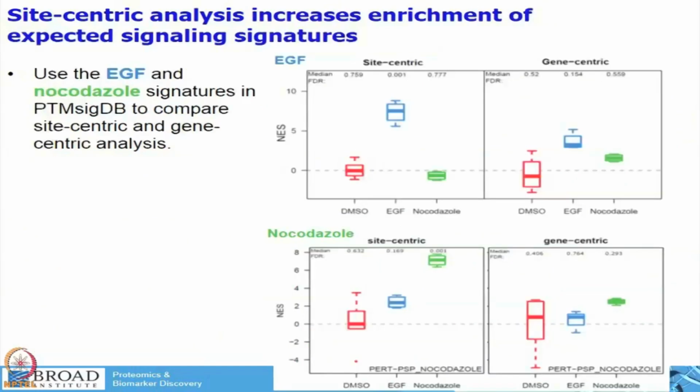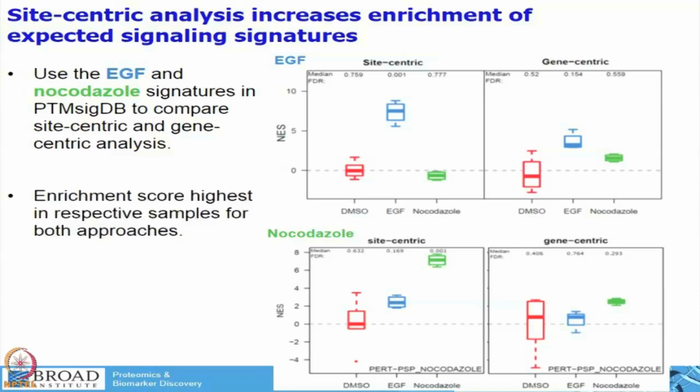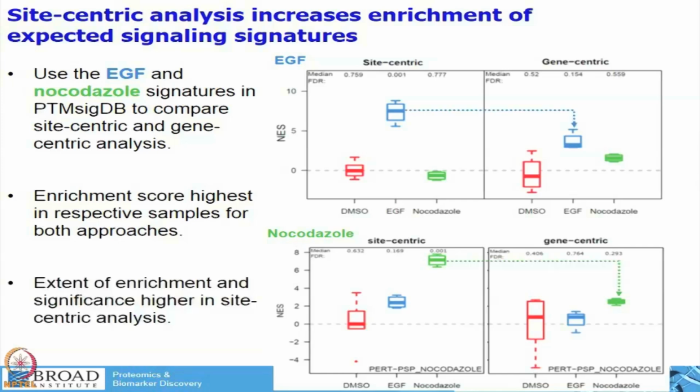And if you just look at these EGF and nocodazole signatures alone, and compare the signature scores across these different treatments, site-centric versus gene-centric, we definitely see a higher enrichment in the site-centric approach for EGF and also for nocodazole. Meaning we have a better signal of the biological pathways if we do it site-centric compared to gene-centric.